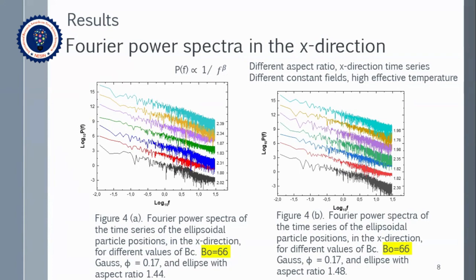In both cases, the effective temperature is high. As we can see, the beta value, which measures the intensity of the long-range correlation interaction between the particles, is close to the value of 2, showing that the motion in these cases is Brownian-like motion.